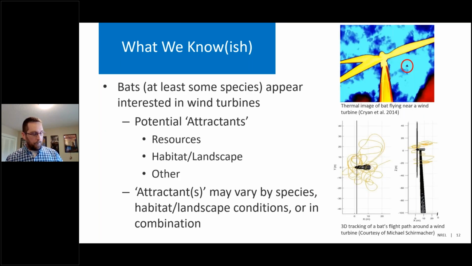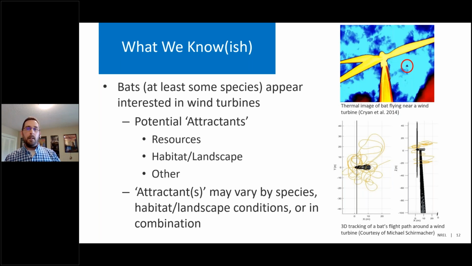Another factor that complicates this is it appears that at least for some species, bats or individuals are interested in the wind turbines or the area, or maybe at a broader landscape scale, the wind energy facilities, and we're not entirely sure why.